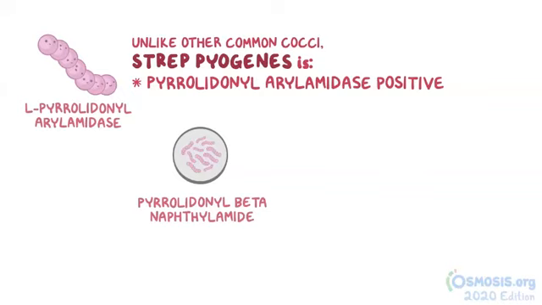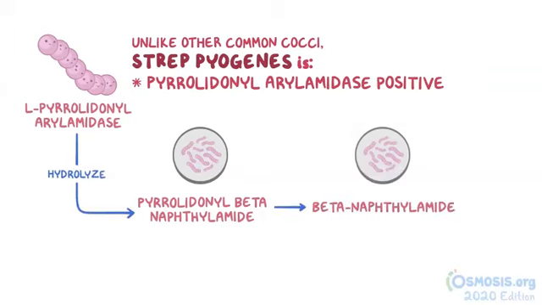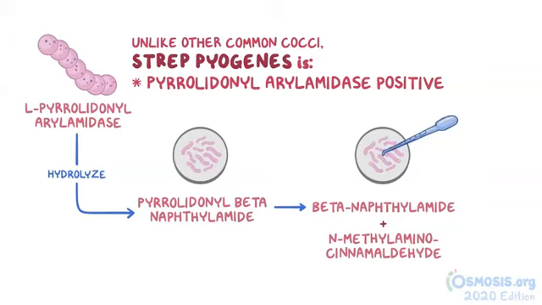With strep pyogenes, pyrrolidonyl arylamidase hydrolyzes pyrrolidonyl beta-naphthylamide to produce beta-naphthylamide. Finally, another reagent called N-methylaminocinnamaldehyde is added to the disc, and it reacts with beta-naphthylamide, resulting in a bright red color that confirms strep pyogenes is pyrrolidonyl arylamidase positive.